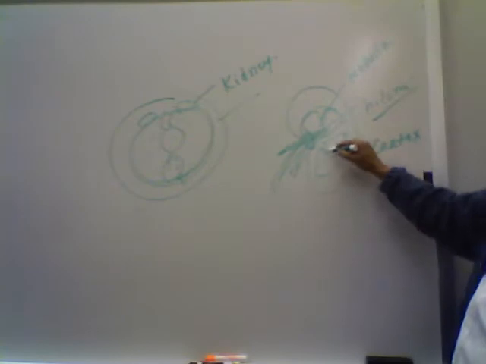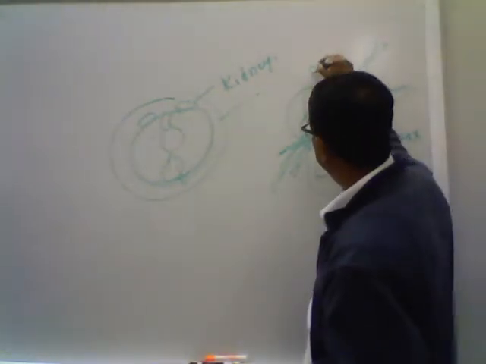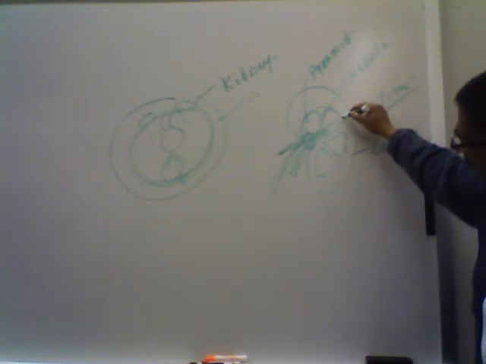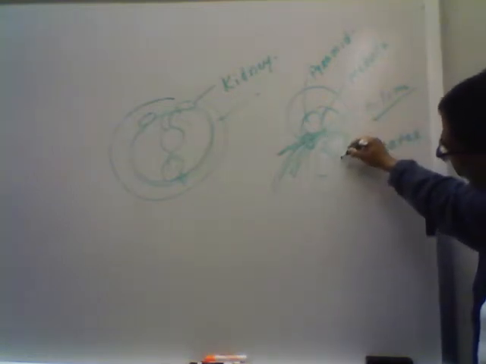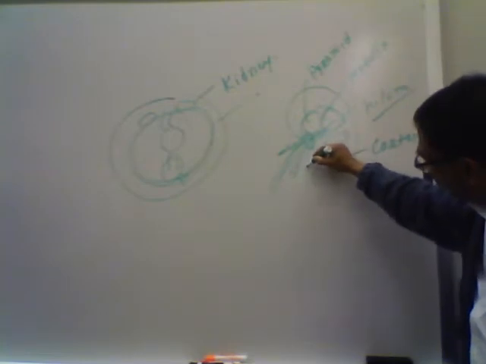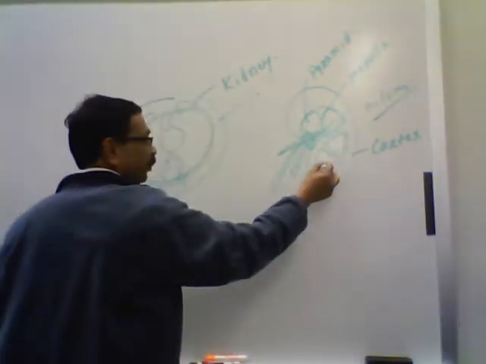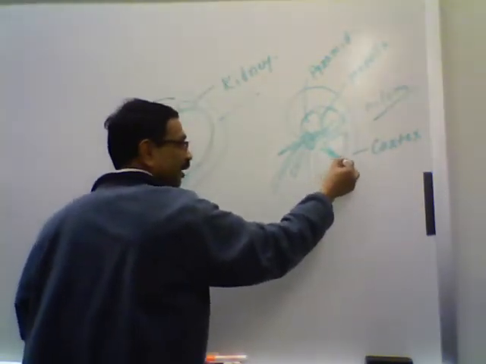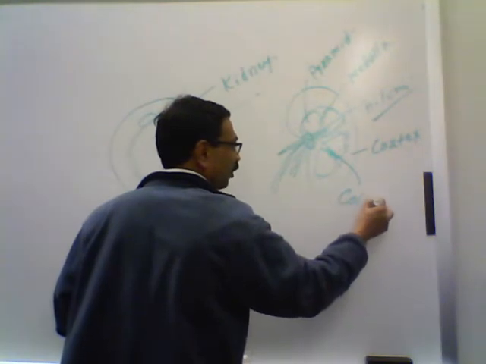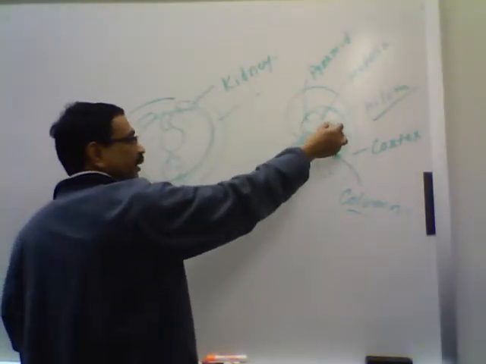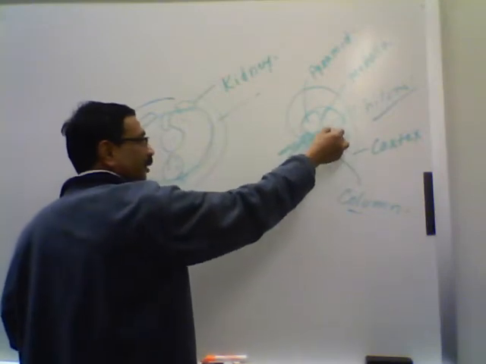And in between the pyramids, the areas are called columns. So in between two pyramids, this area is called the renal column. Okay, so the kidney has an outer cortex, inner medulla. In the medulla, you have the pyramids, and in between the pyramids, the areas are called columns.